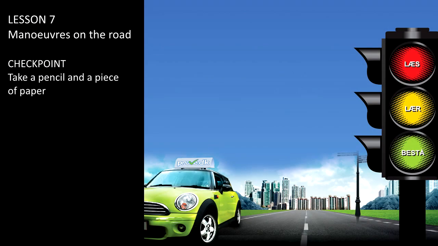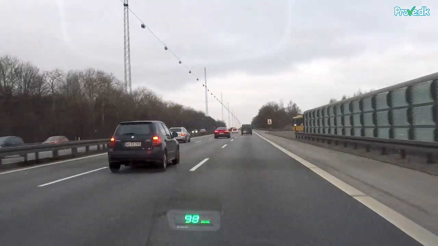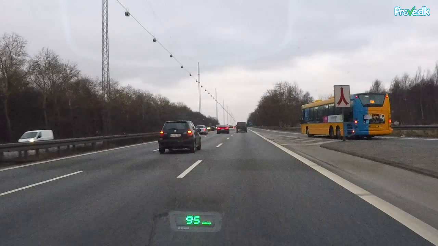Checkpoint. Take a pencil and a piece of paper. You are driving at the speed of approximately 90 to 100 kilometers per hour. The bus is approaching the motorway from a slip road driving at the speed of approximately 60 kilometers per hour.